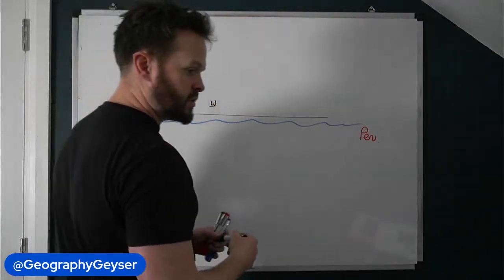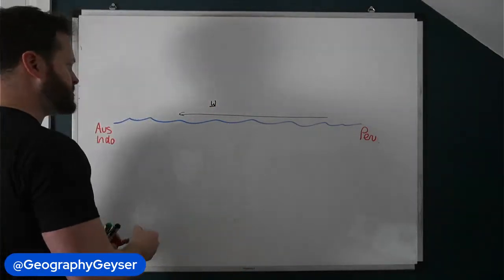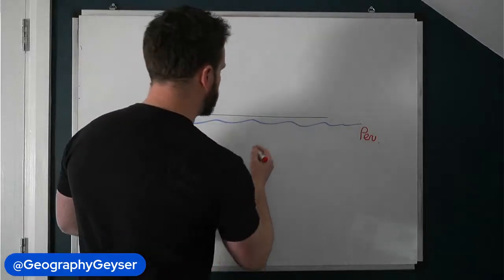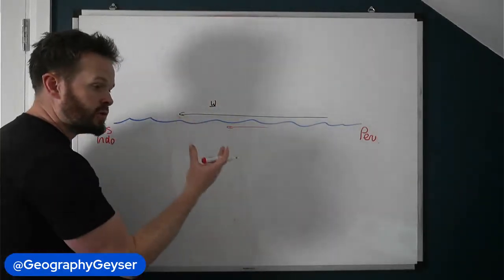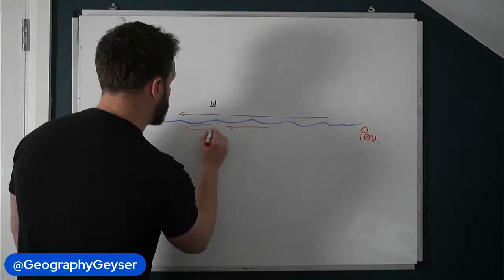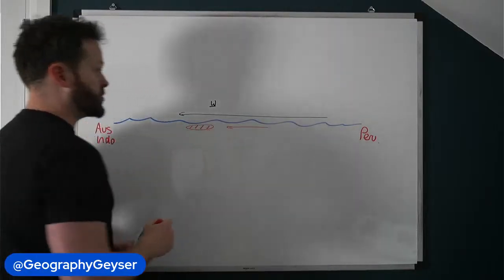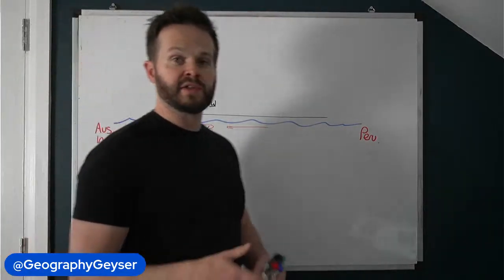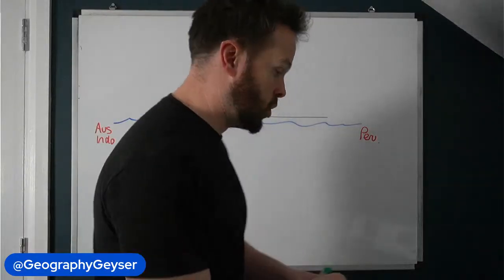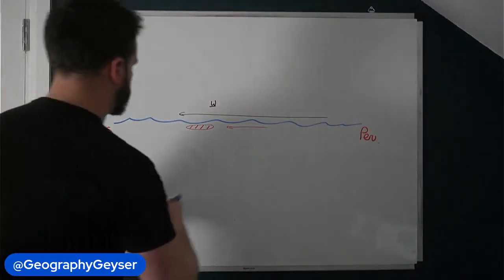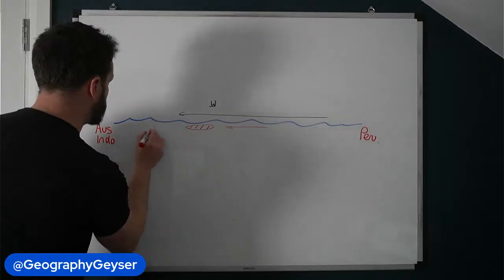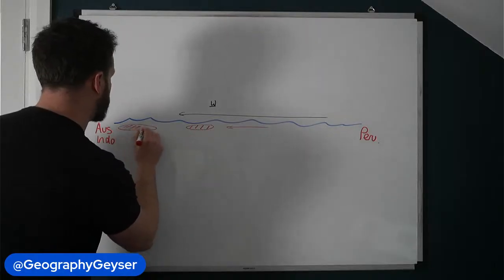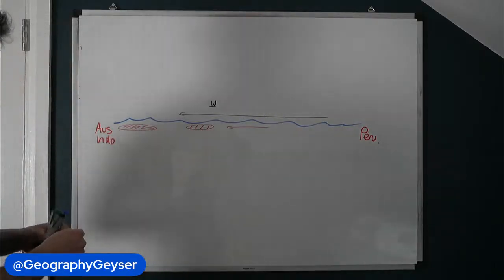And what these trade winds do is they create currents. Now these currents will transport warm surface waters, because we're in the tropical South Pacific here, so the surface oceans are being warmed at all times. So they will transport warm surface waters this way, off the coast of Australia and Indonesia.